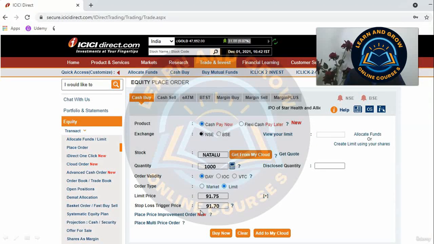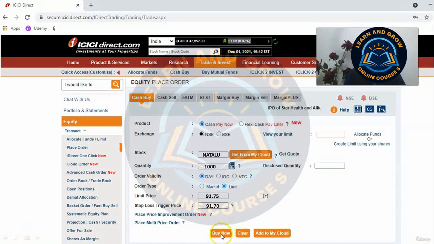And once it is activated, then between 91.7 and 91.75, it will get executed. And I am confident that if it has crossed 91.7, the upward journey would have begun. So the price will keep moving up for some time at least. I hope you have understood the concept of this limit price, the trigger price, the market order, the limit order, and these three options.